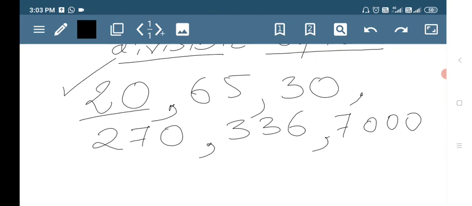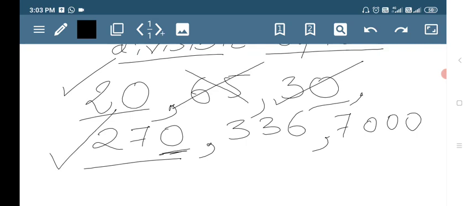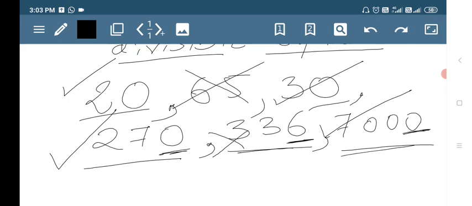Yes. Ending with 0, divisible by 10. 65 is not ending with 0, not divisible by 10. 30 ending with 0, divisible by 10. 270 ending with 0, divisible by 10. 336 ending with 6, not divisible by 10. 7000 ending with 0, divisible by 10.